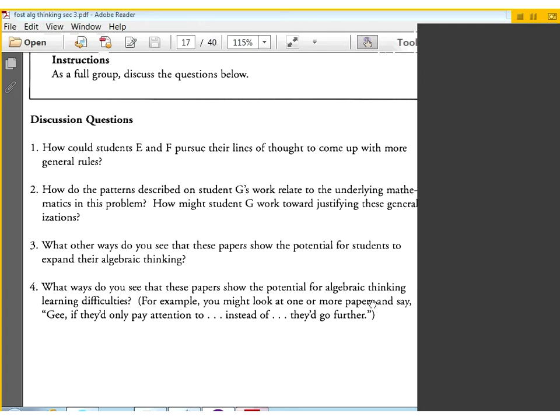so I can turn off my microphone so we can hear what you're saying. How do the patterns described in student G's work relate to the underlying mathematics in this problem? And how might student G work for justifying these generalizations?